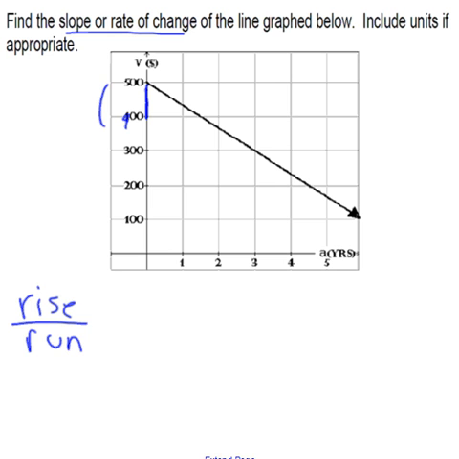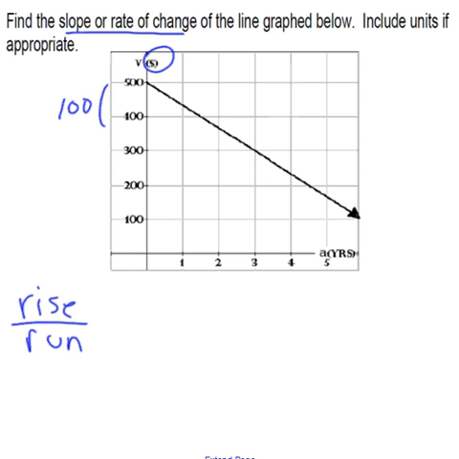So this is actually 100 units. The units on this one are hard to see, but it's dollars. So if we go down a square, we didn't just go down one, we went down 100. So you just have to keep that in mind as you're doing rise over run.